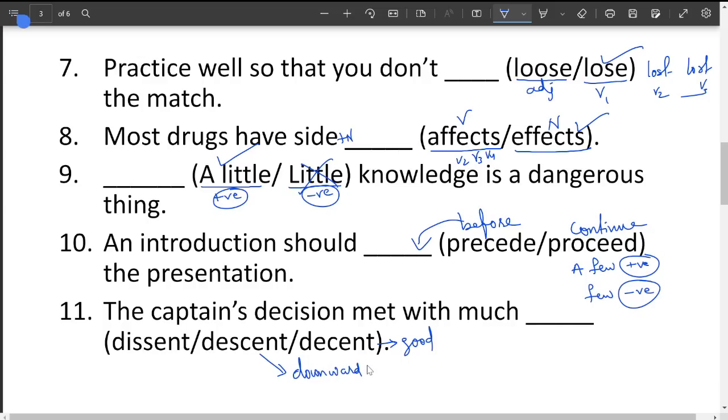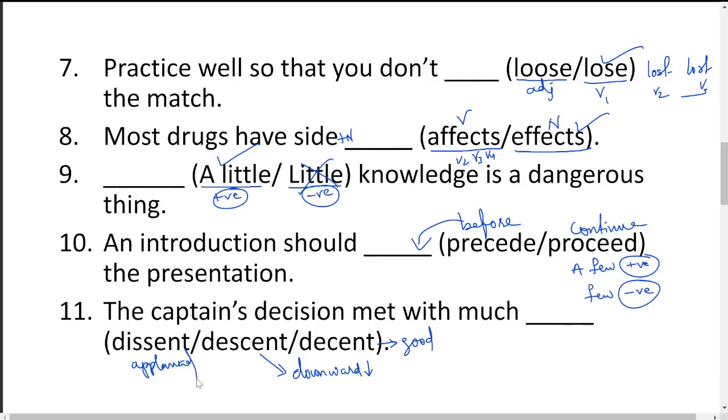Downward means which comes down, goes down. Okay. Next one, another one, we have dissent. The captain's decision met with much dissent. This dissent means much applause, you can say they appreciated. Okay, so here which of these two can be used? With much dissent is only the first one you can use here.